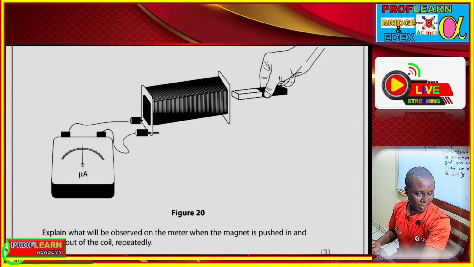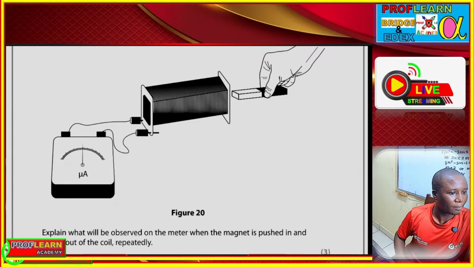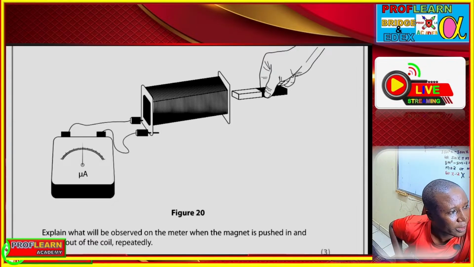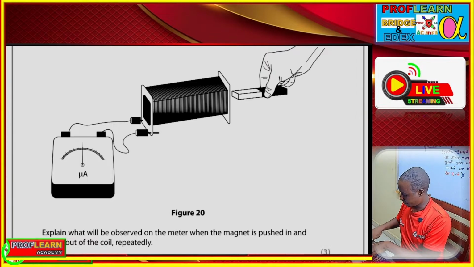If you have a magnet, and then you also have a coil. Let me just get a paper so that I can illustrate exactly what we are trying to say here.